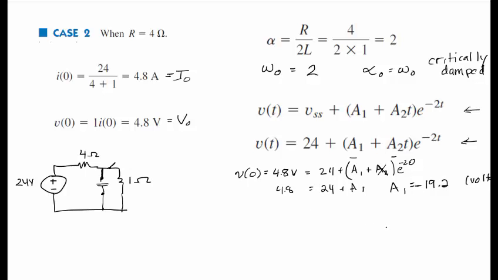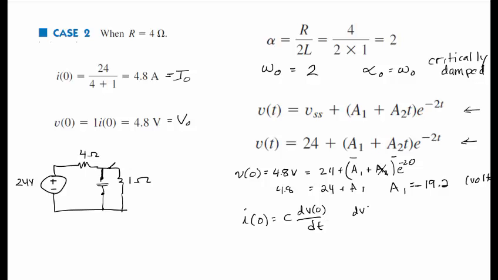So that's A1. For A2, we use the other initial condition we have, which is i(0) equals C dV(0)/dt, because remember, we need a V(0) and we need a dV(0)/dt, and we have this relationship right here, which makes it nice and easy for us because the i in the capacitor is the same as the i everywhere.